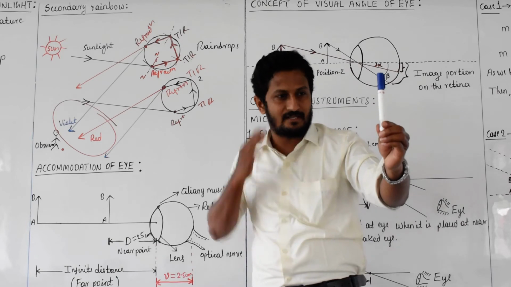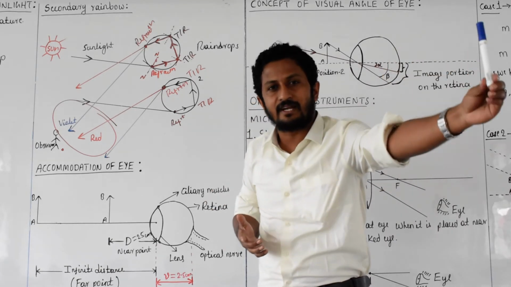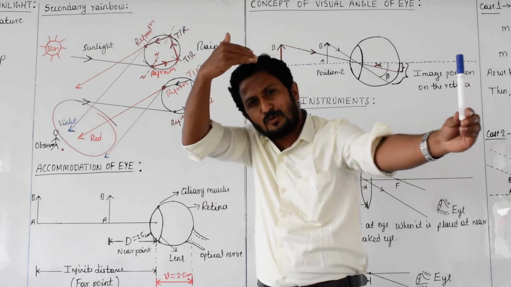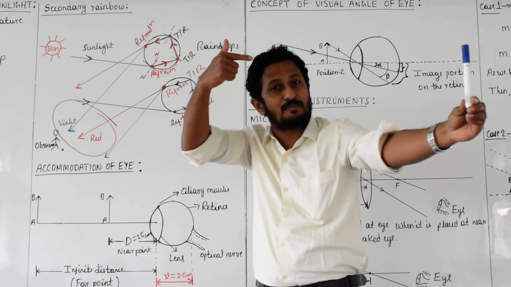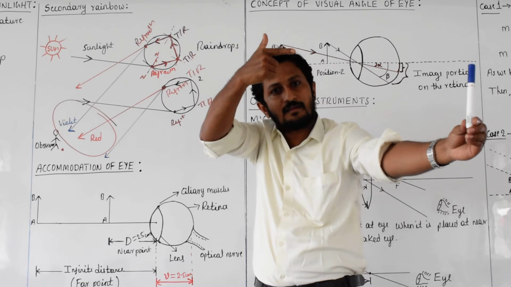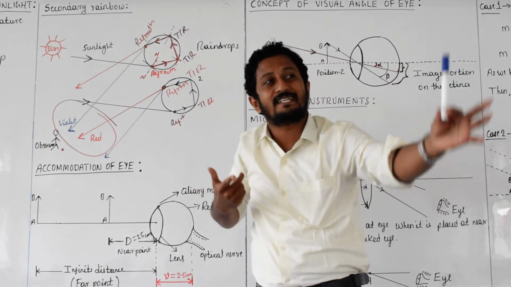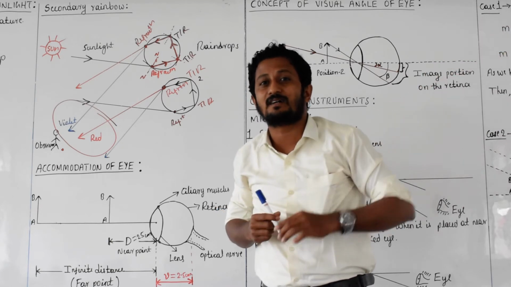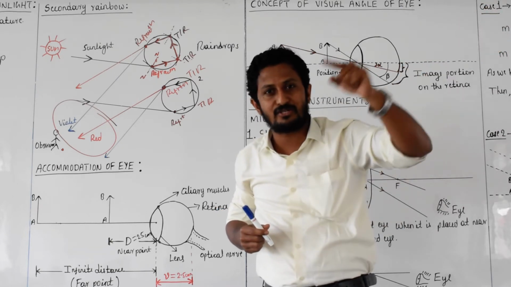Yes, the object is here, I can see it clearly. If you take it away, yes, you can still see it clearly. There is one farthest point up to which your eye is able to see that object. That point we call the far point. Have you understood?